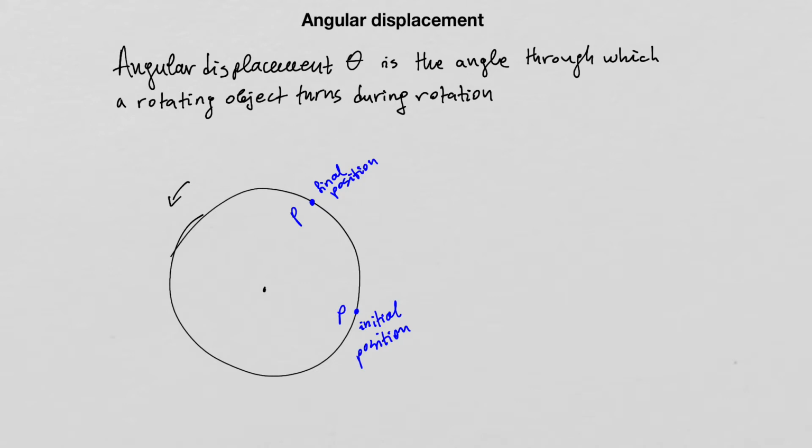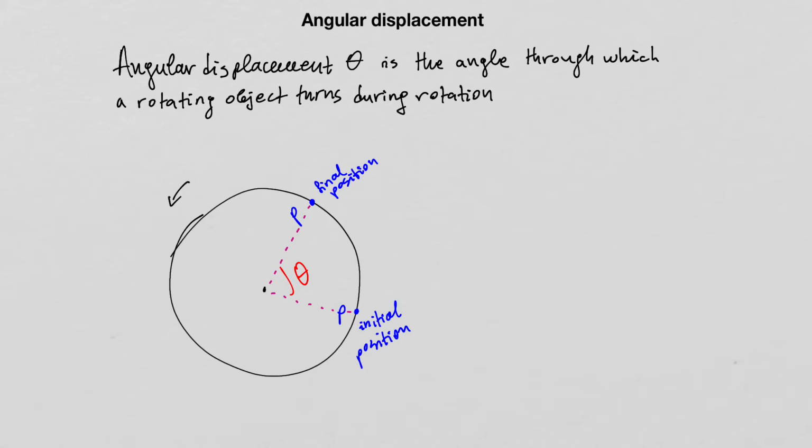Then the angle that is subtended between the two positions of the point is the angle theta right here, or in other words, that's the angular displacement. And so simply, when an object rotates, the angle that it rotates through is called the angular displacement.